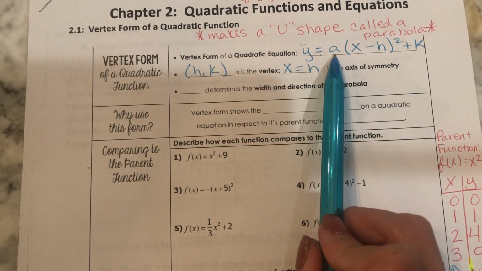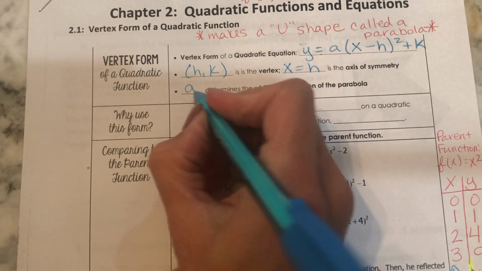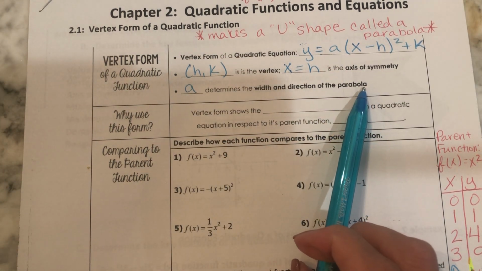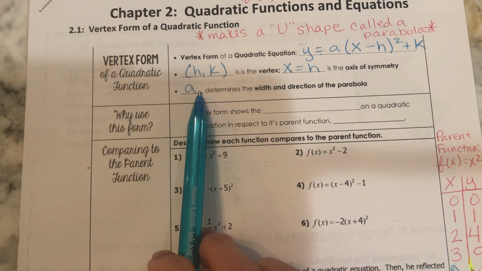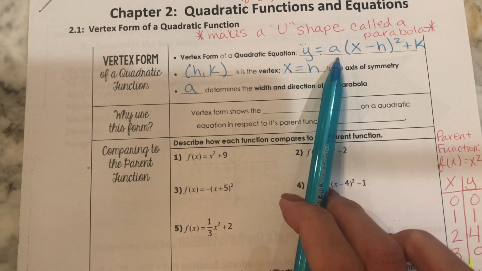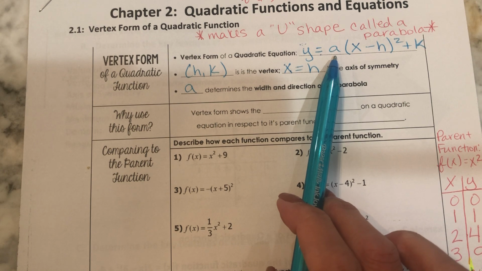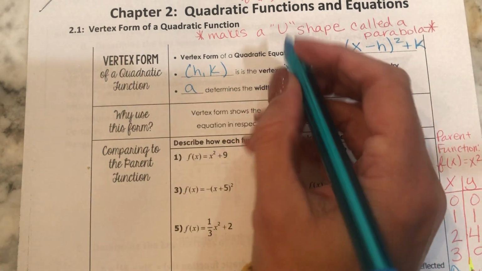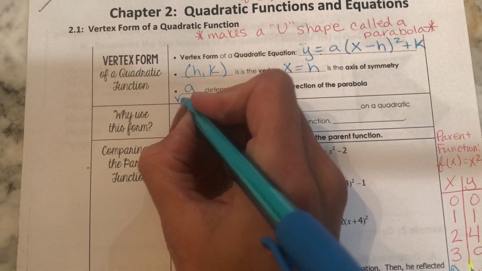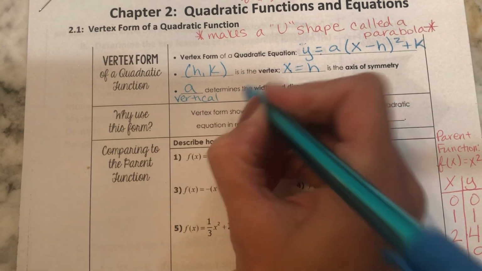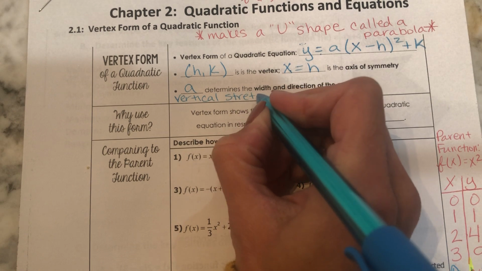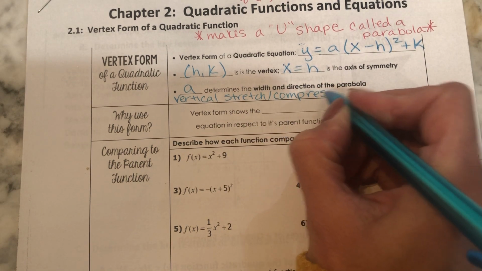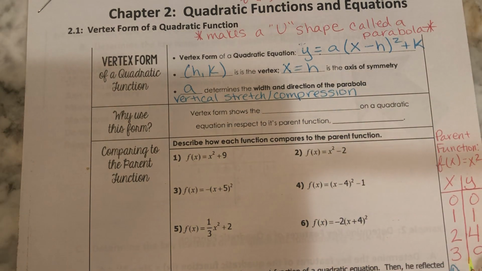This a value here determines the width and direction of the parabola. So the a, the number in front, is going to tell us if it's going to be a stretch or a compression. So is it a vertical stretch or compression? That a value will tell us that.